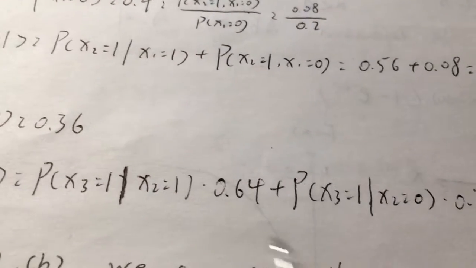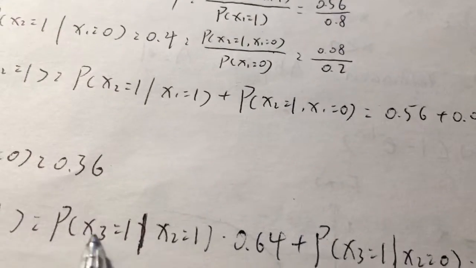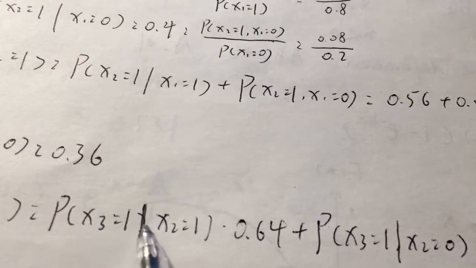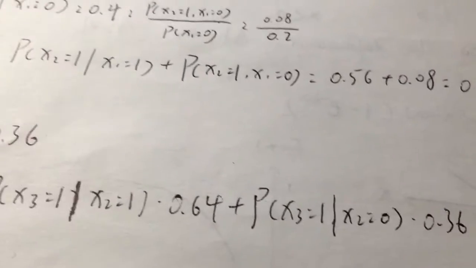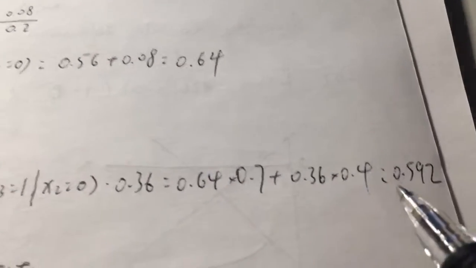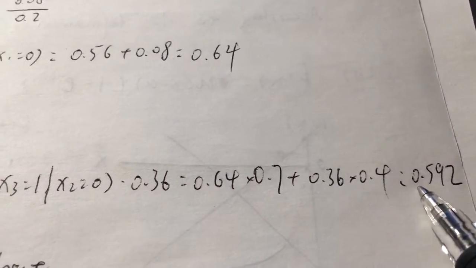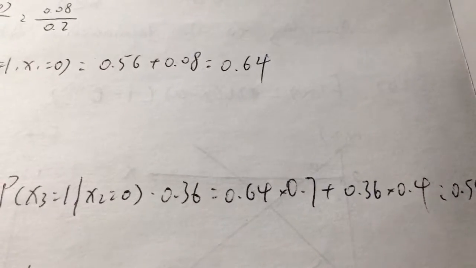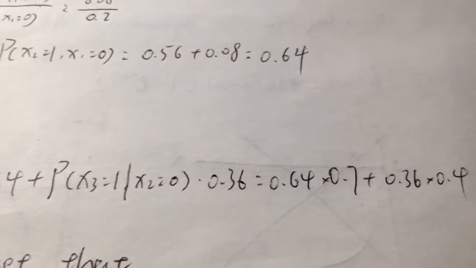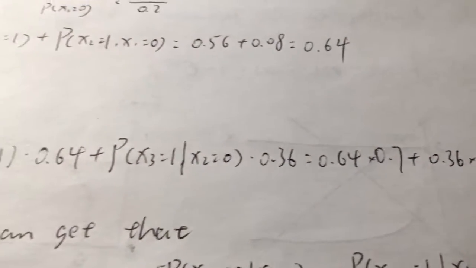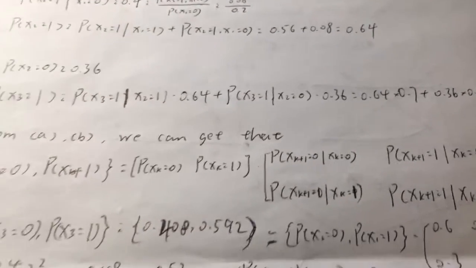The sum is the whole thing for x3 equals 1. So the probability is 0.592, the approximate result. Okay, that's question 2.